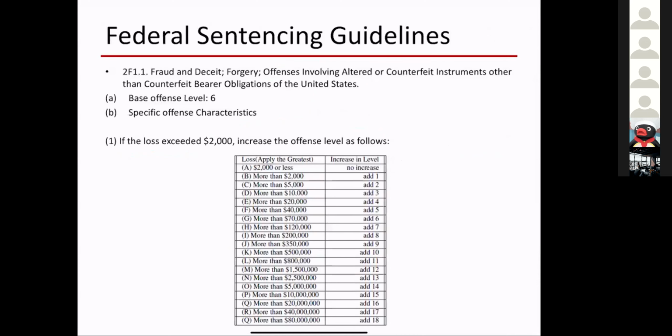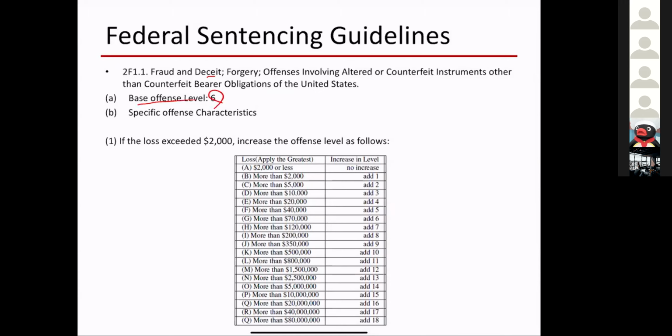Okay, one question. Say you are the thief. What is a better way to be a thief? Let's say this is the sentencing rule of the judge, 2F1.1. This is the guideline for fraud and deceit and forgery offenses involving counterfeit instruments other than counterfeit bearer obligations of the U.S. So the base offense level is 6.